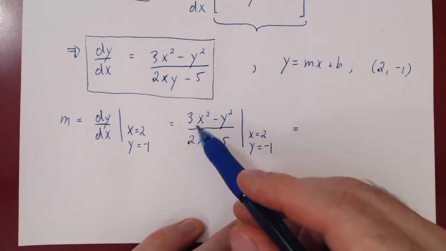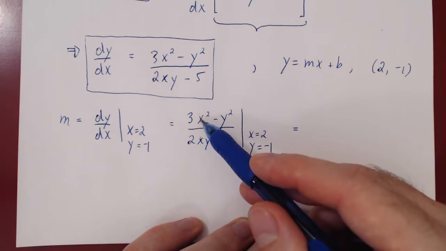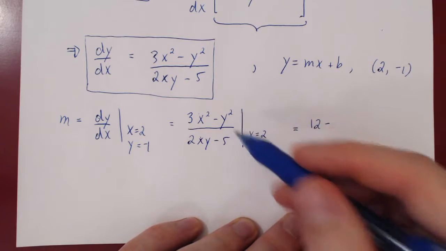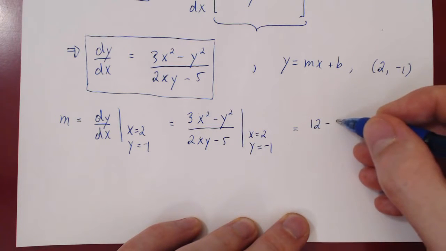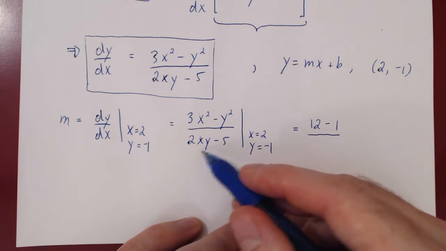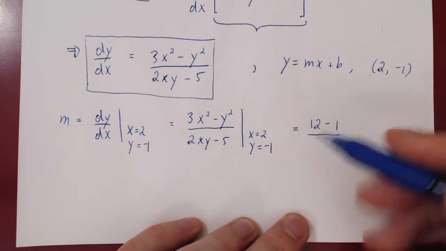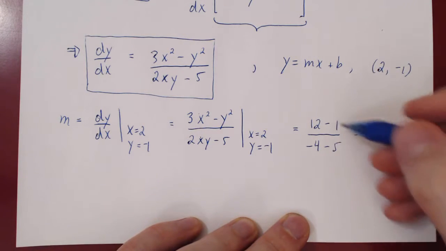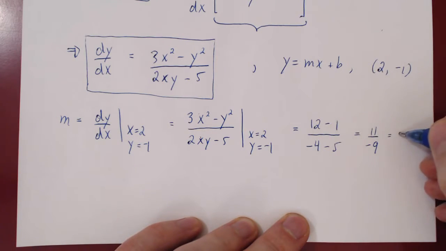So what do we have on top? 3 times x squared, but x is 2. 2 squared is 4. 3 times 4 is 12. So 12 minus y squared. Y is negative 1. If you square negative 1, you get positive 1. So negative 1 over 2 times xy. Well, x times y is negative 2. 2 times negative 2 is negative 4 minus 5. So we're left with on top 11 over negative 9, which is simply negative 11 over 9.